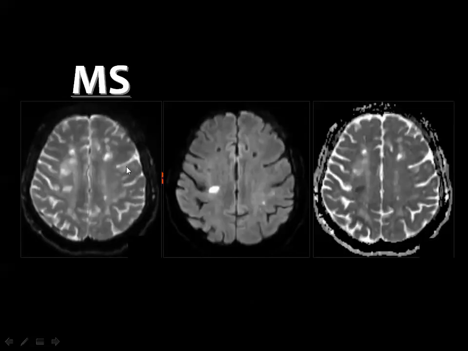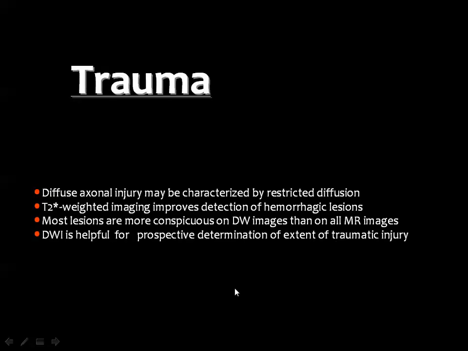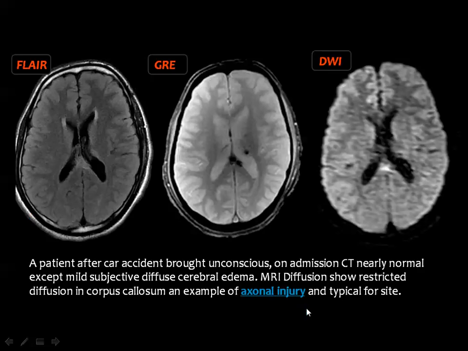And these are MS plaques, and one of them, which is the bigger one, shows diffusion restriction here, bright in the DWI and black in the ADC. In cases of trauma, especially the trauma resulting in diffuse axonal injury, actually on MR images you may not be able to detect the lesions.